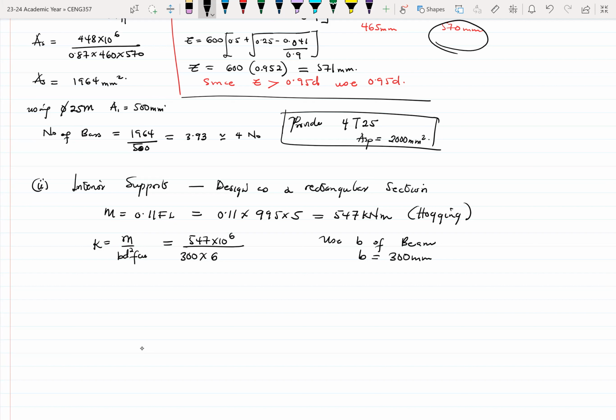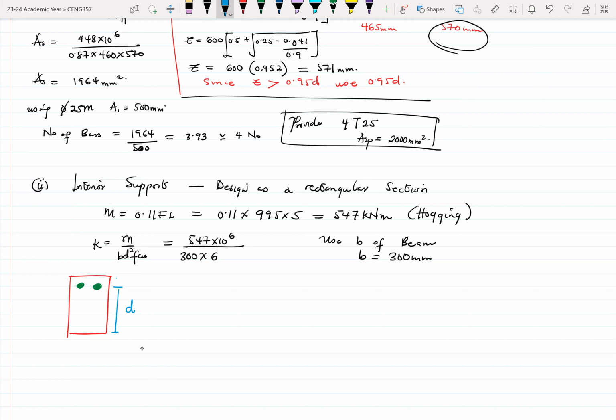So, okay, let me draw this on the side. So with that one, your tension reinforcement will be up here. Okay, so just take notes. And then so this will be your D. Okay. So it's like an upside down version of what we've been looking at.